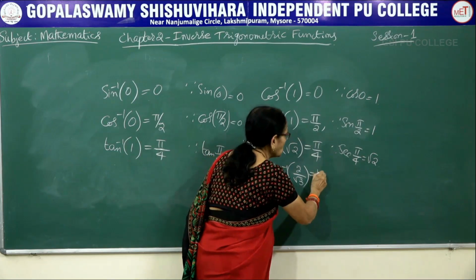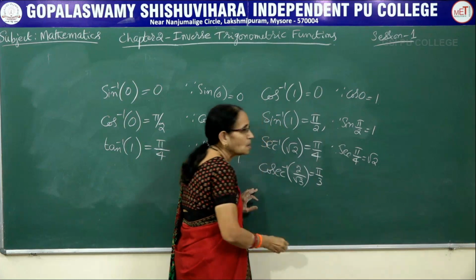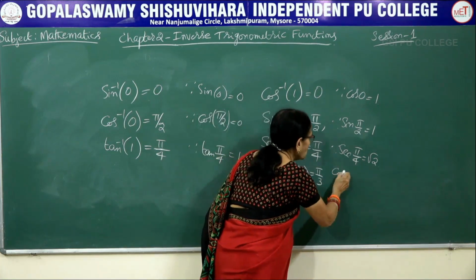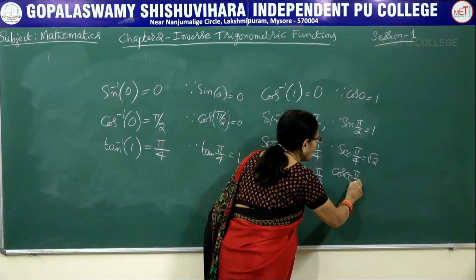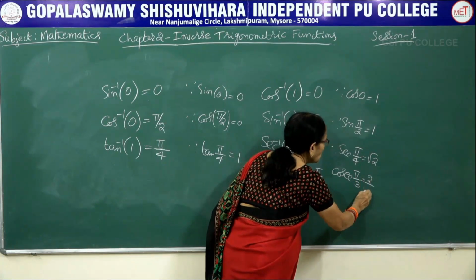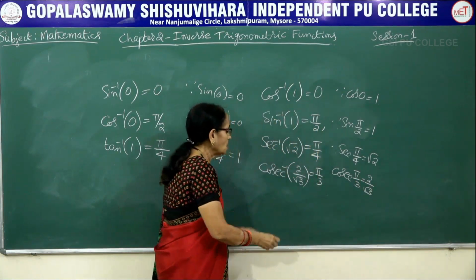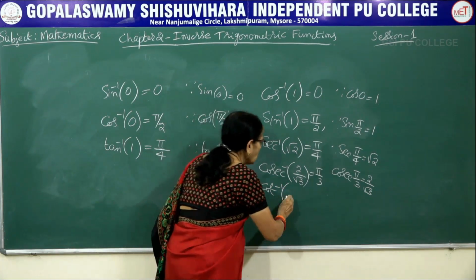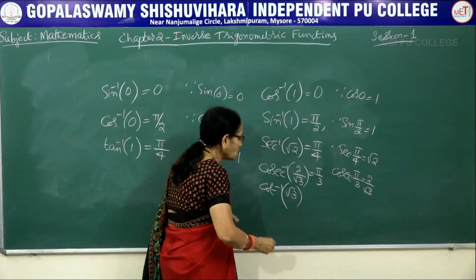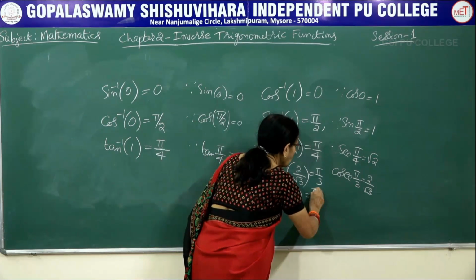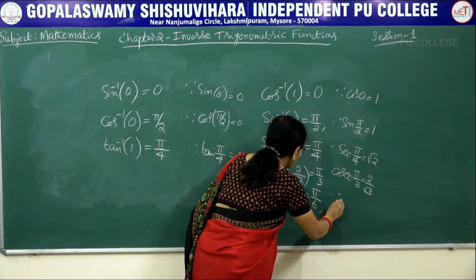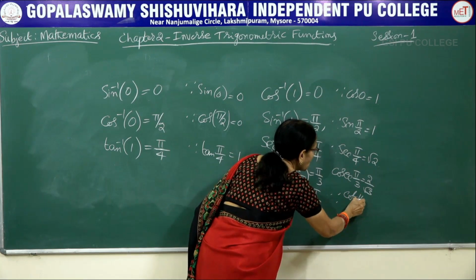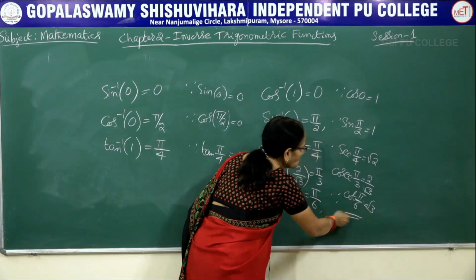This is equal to pi by 3 or 60 degrees, since cosecant pi by 3 would be equal to 2 by root of 3. Now take another example. Cot inverse of root of 3 is pi by 6, since cot of pi by 6, or cot of 30, would be equal to root of 3.